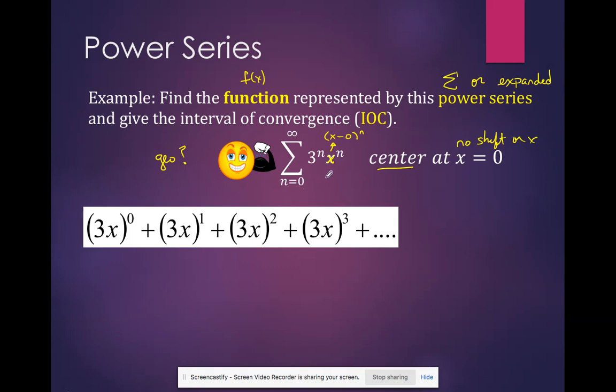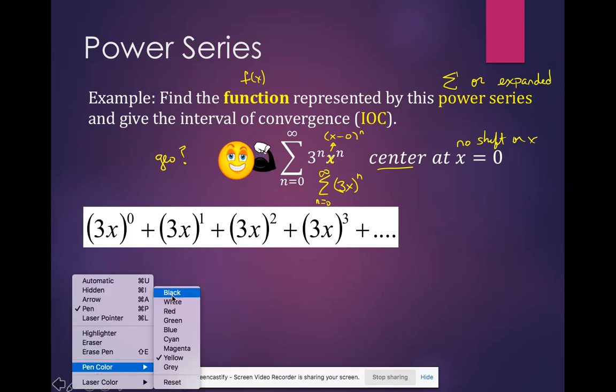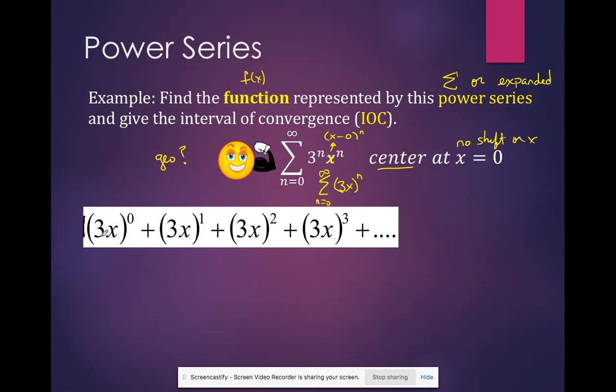Now, this is really the sum of 3x to the n, right? So there's really a 1 in front of each of these. 1 r to the 0 plus 1 r to the first plus 1 r squared plus 1 r cubed plus ... is equal to what?